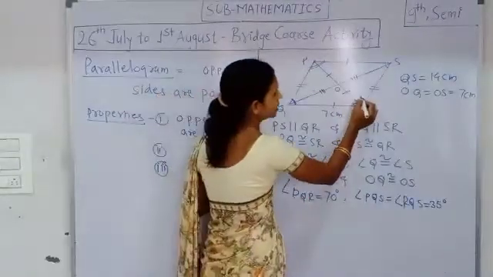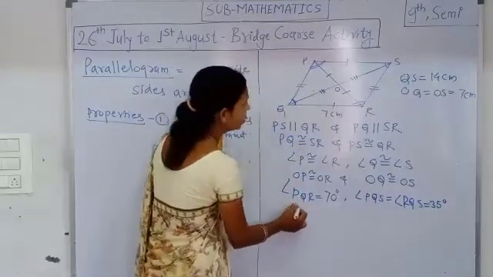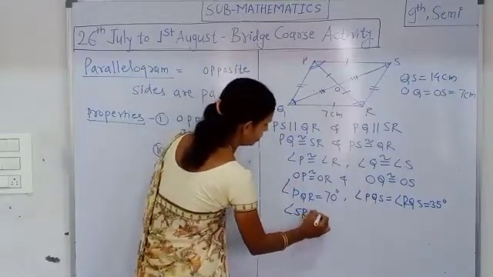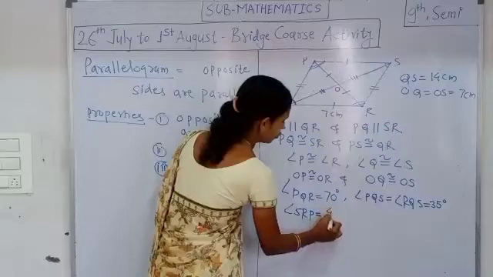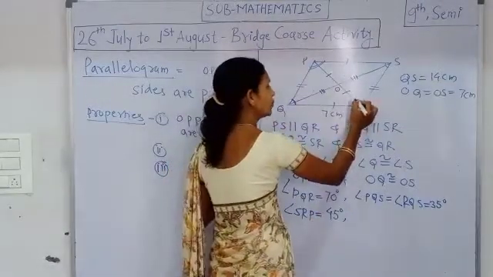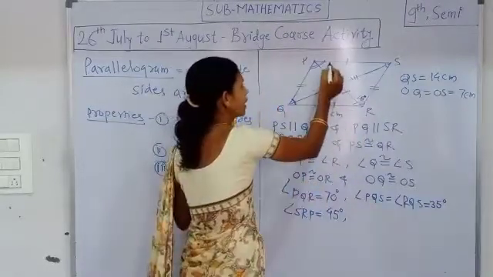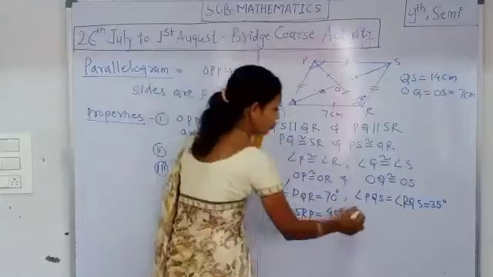If angle SRP given here is 45 degree, then find out the angle SPQ.